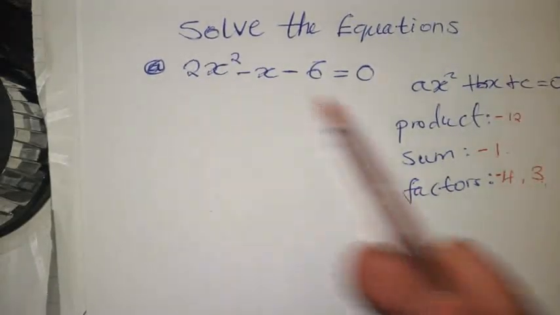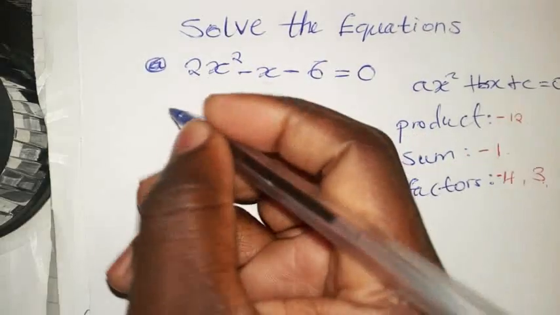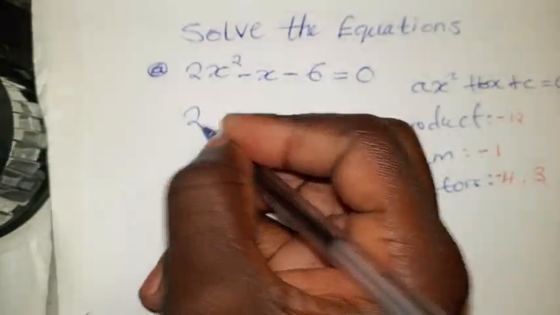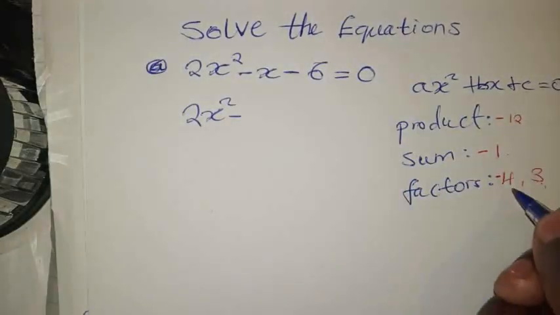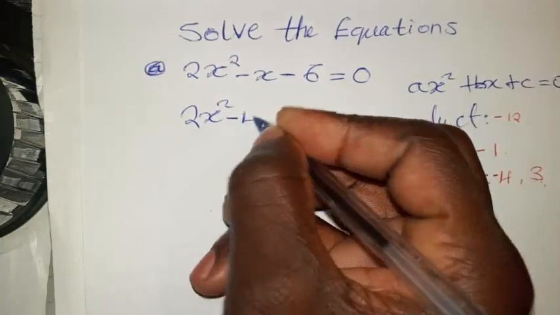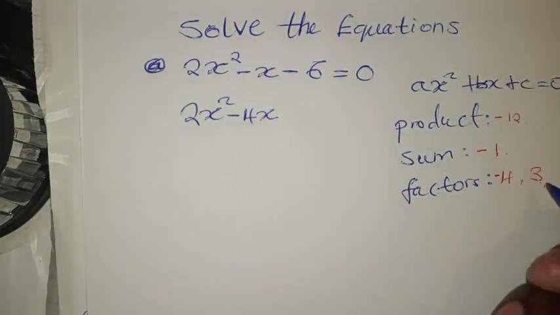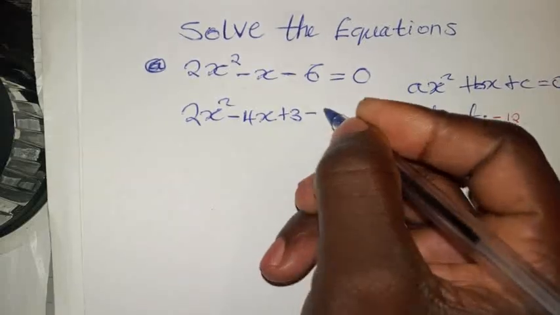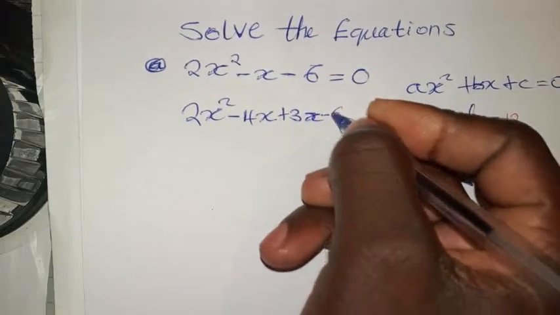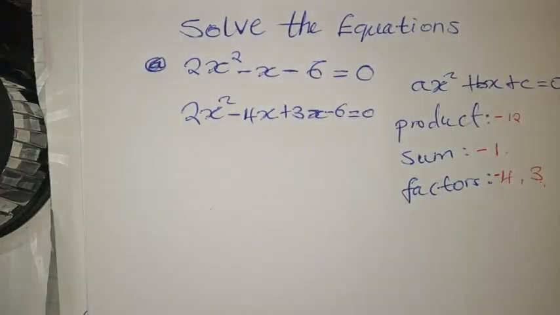So this will be 2x squared minus 4x plus 3x minus 6 equal to 0.